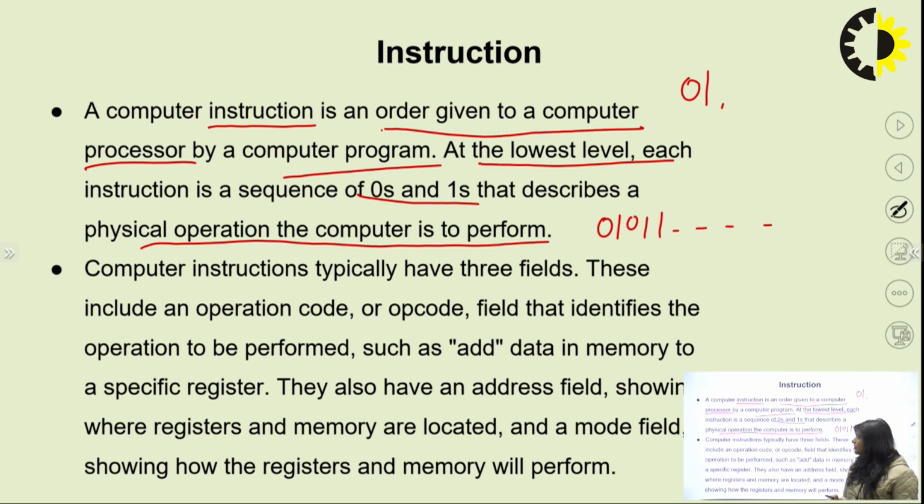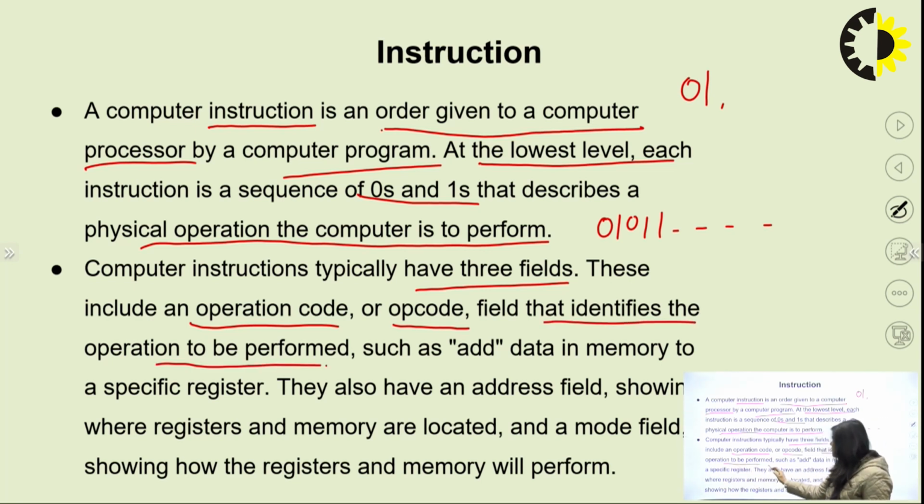Further, we are discussing the computer instruction. Basically, it has three fields. These include an operation code, or opcode. We also call the opcode the operation code field, which identifies the operation to be performed, such as adding data from memory to a specific register.